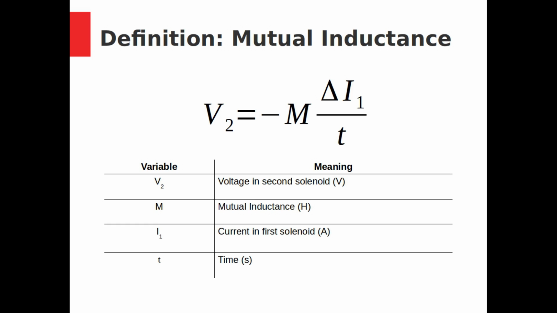In this equation, M is a constant. It is called the mutual inductance of the two circuits, and it's measured in a unit called henries. Mutual inductance is usually easier to measure than it is to calculate, because the relative locations and sizes of the two solenoids can make the calculation quite complex.